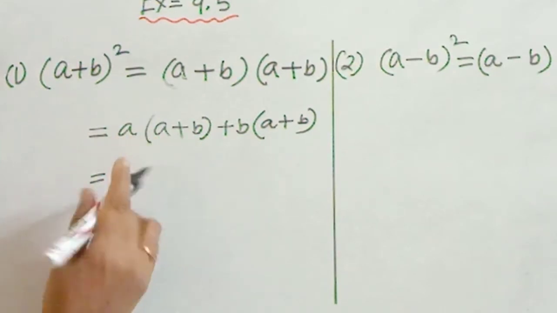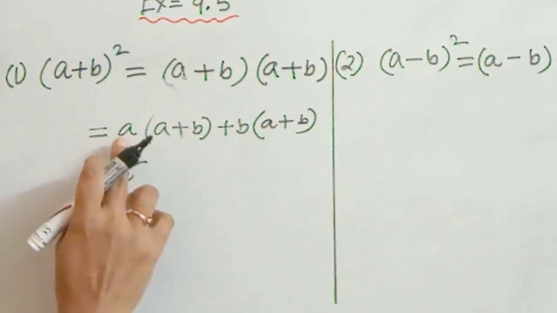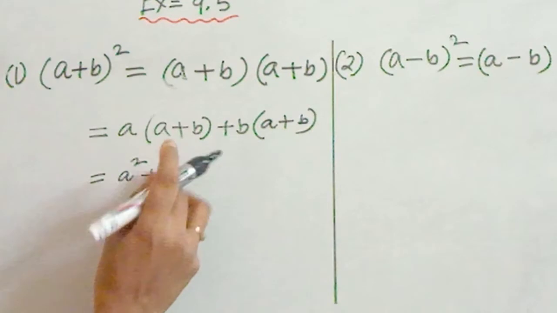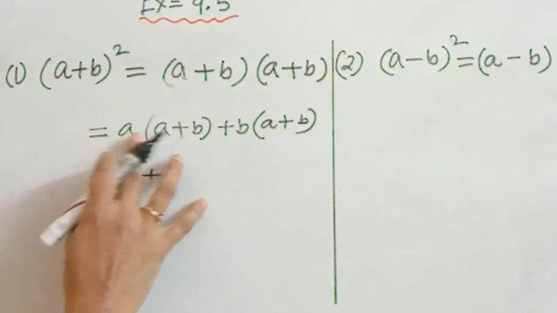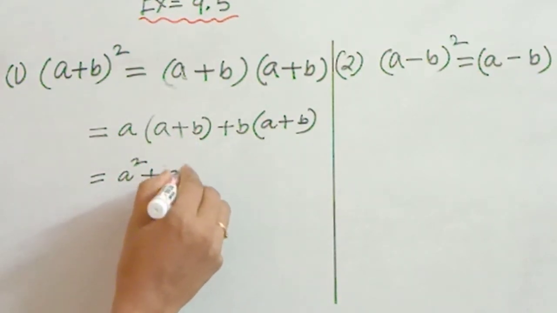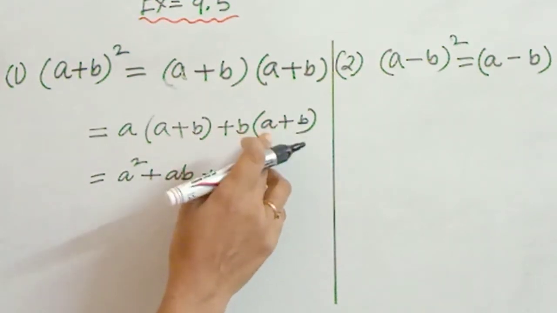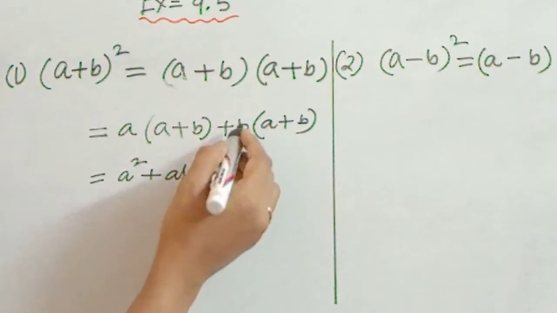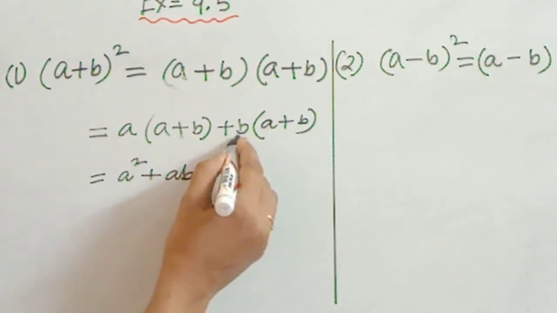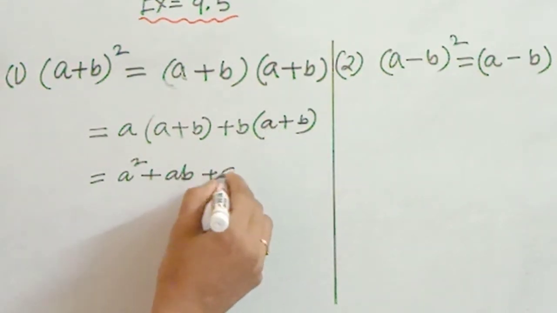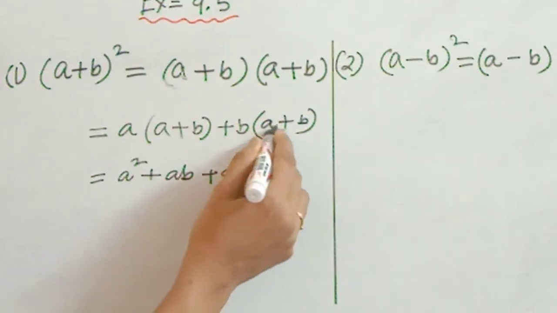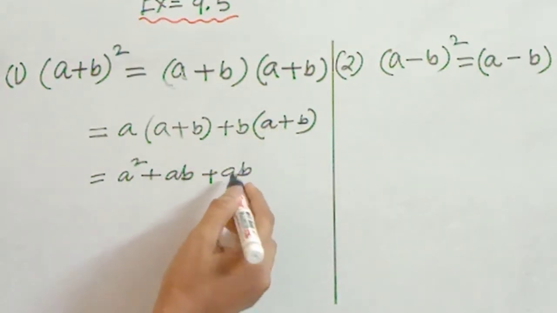Monomial a into a, a square, then plus sign. This plus sign you will write here. Then a into b, ab. Similarly, this sign you will write, and again you will multiply b into a, and you have to write it alphabetically: instead of writing ba you will write ab. a into b or b into a is the same.